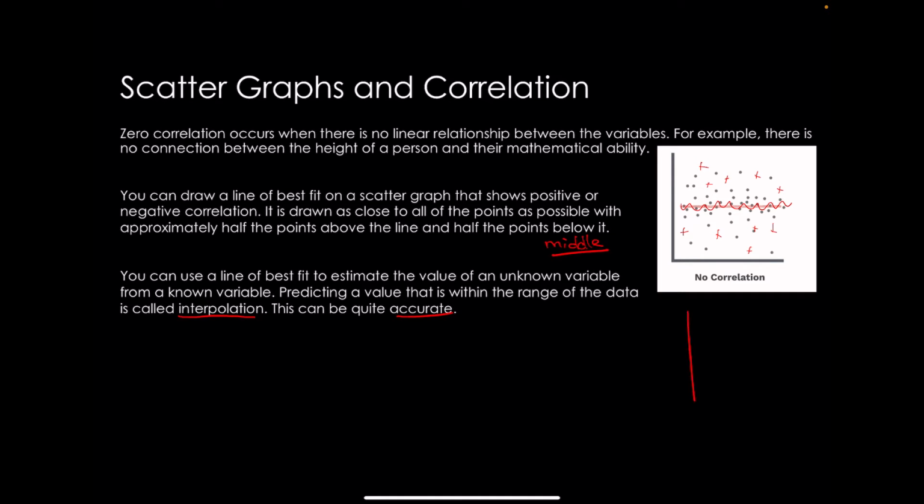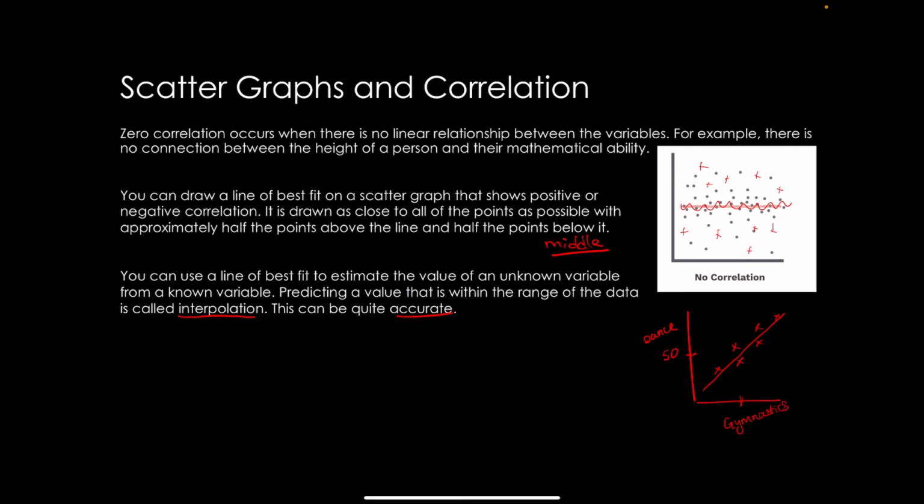So basically, if I had a graph and I had a bunch of points, and I had a line of best fit, shall I use a dance class score of 50, and here is a gymnastics class score. So dance is on this side, and gymnastics is on this side.